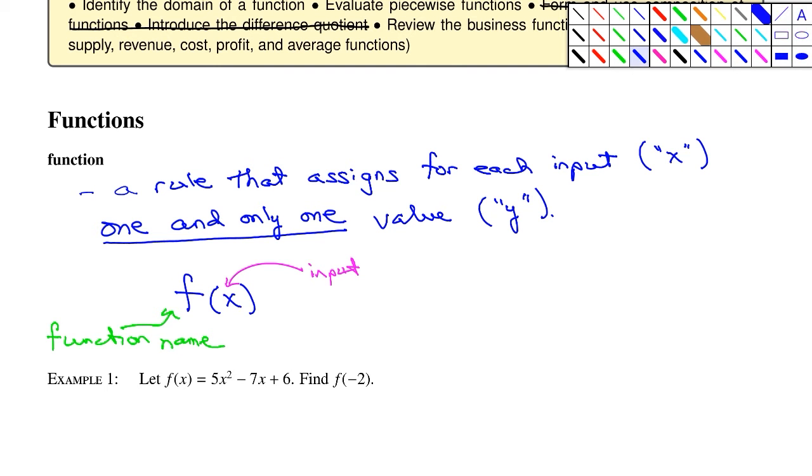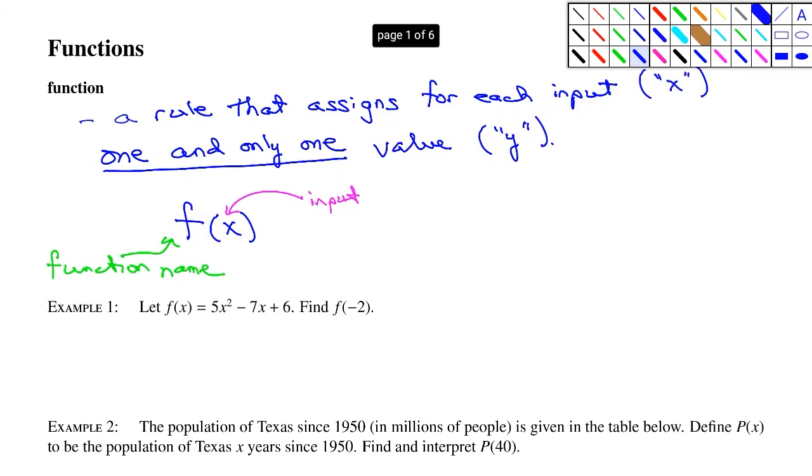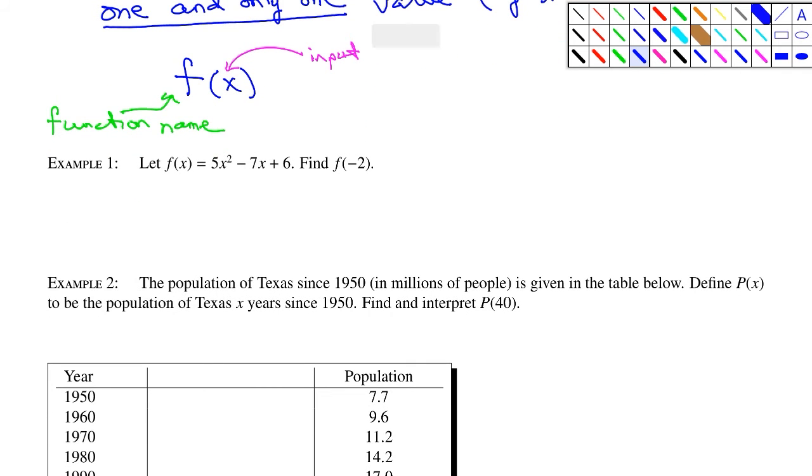So for example, when we look at number 1, we have f of x is equal to 5x squared minus 7x plus 6. So that tells me the function name is f, and the rule that is going to assign values by this function says take the input and square it, then multiply it by 5, then take the input again and multiply it by 7 and subtract that first result minus this new result, and then finally add 6.